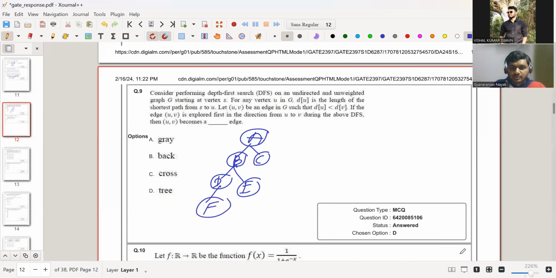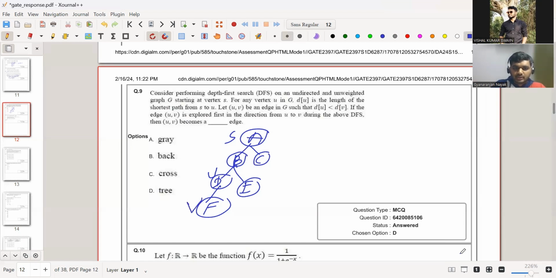Suppose it is given Du is the length of the shortest path from S to U. Suppose it is S and it is U. Let UV be the edge in G such that Du less than Dv.